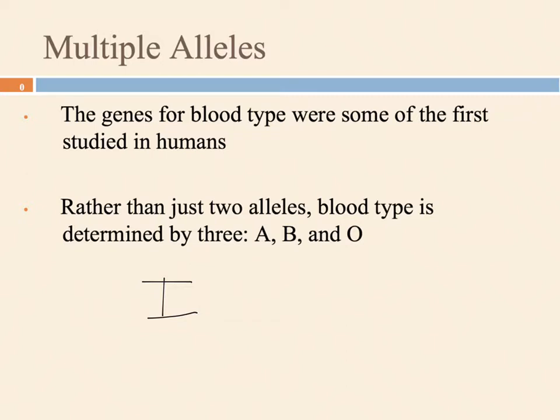So I would be IA or IB, and both of these again are dominant, and the recessive version is simply a little i. So blood type is a multiple allele trait, and basically how you determine blood type is how your blood cells carry or do not carry an antigen.